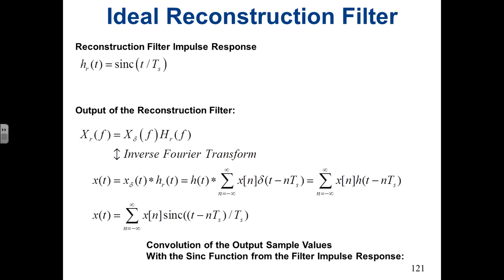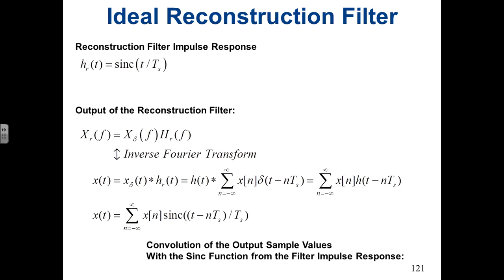We said the input signal is modeled with a series of delta functions, and so we have the sum from n equals minus infinity to plus infinity of x of n delta of t minus n T sub s. That was our model of the impulse sampled signal.